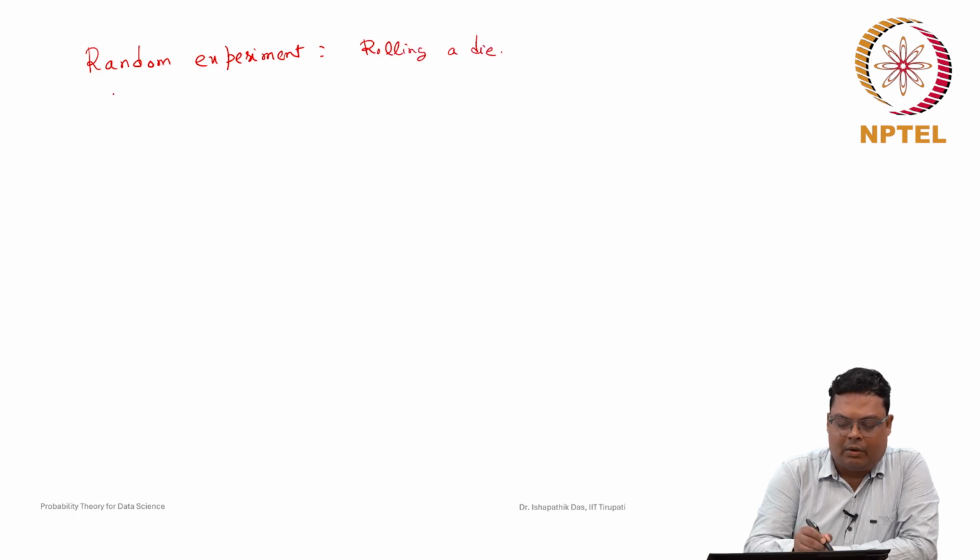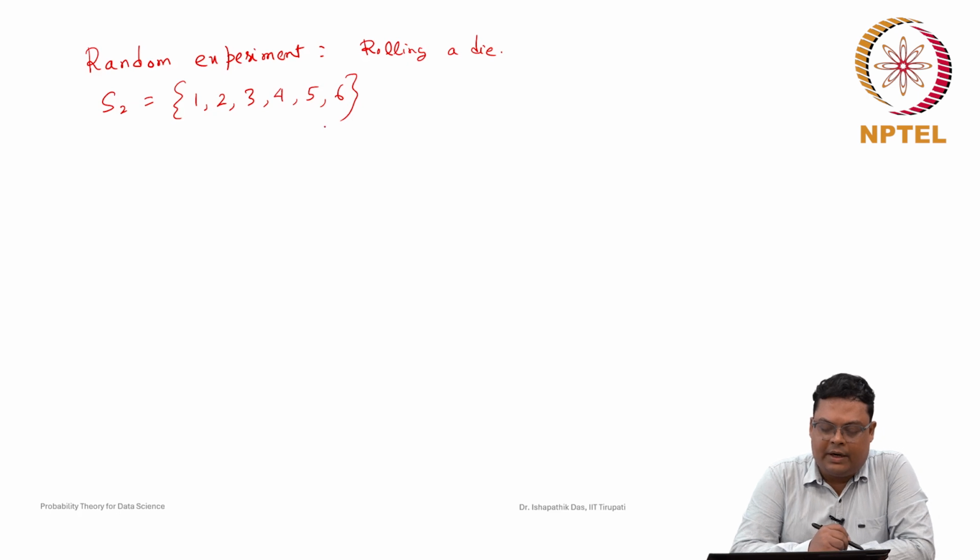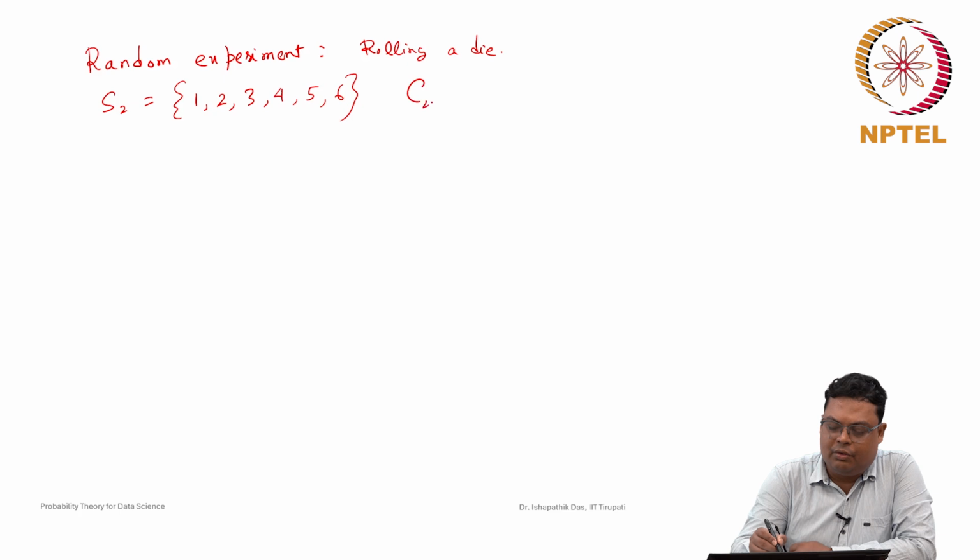Then our sample space S2 is 1, 2, 3, 4, 5 and 6. Let us consider F2, which is nothing but just phi and S2.